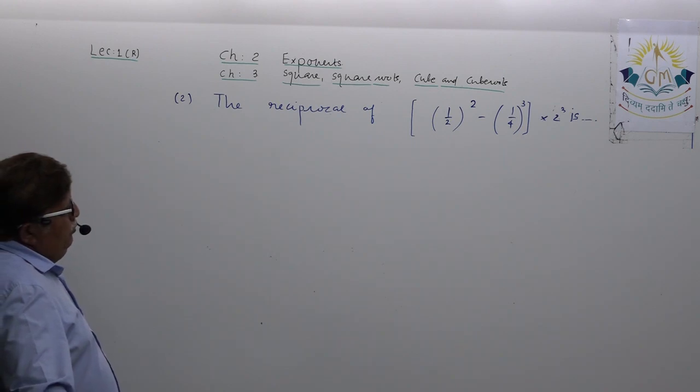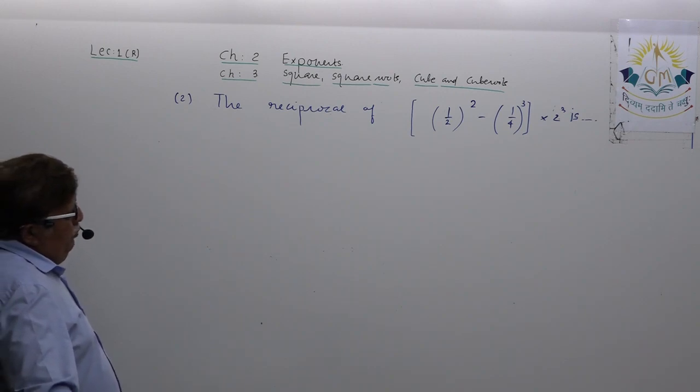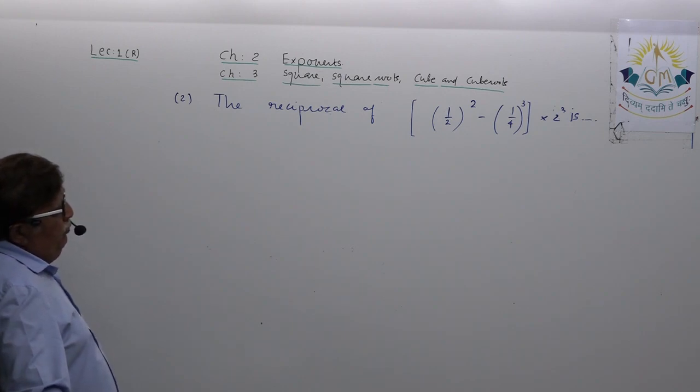You need to follow the same steps here. You have to first evaluate the large bracket, and after evaluating the large bracket, you just have to solve it with 2 raised to 3.